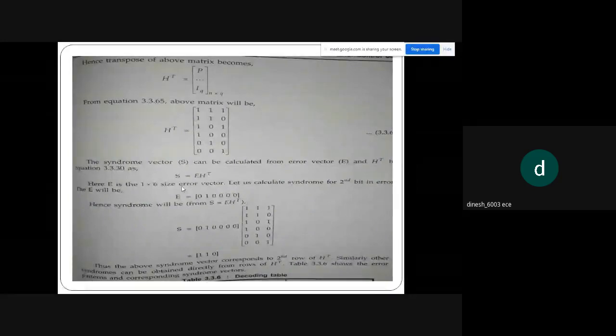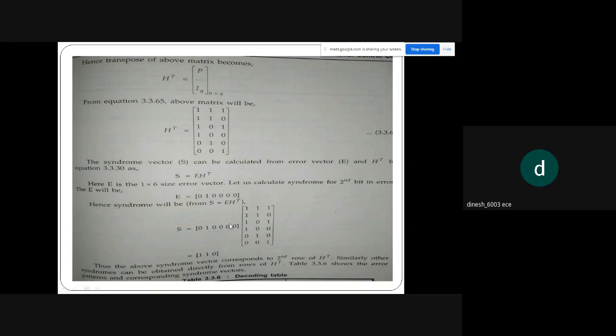Consider the error vector size as the size of the received or transmitted bits, and I take the second bit as error. I'll write the error bit sequence as 0, 1, 0, 0, 0, 0. So I do the modulo 2 addition of E and H transpose and check whether we get 110. You'll obviously get 110. And see this 110 which is obtained is present in the second row of H transpose.